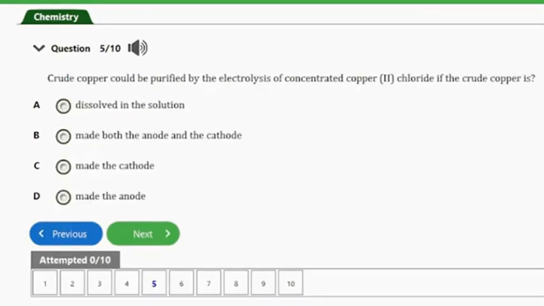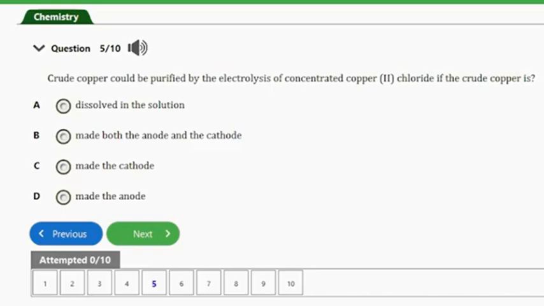So let's consider the next question. Question number 5, it says, crude copper could be purified by the electrolysis of concentrated copper 2 chloride if the crude copper is: A, dissolved in the solution; B, made both the anode and the cathode; C, made the cathode; D, made the anode.